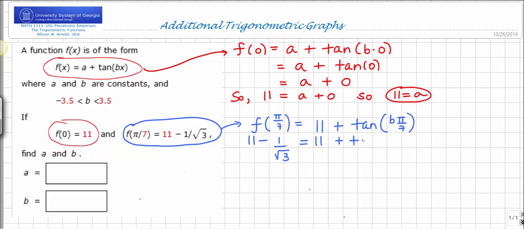And if we isolate the tangent term, we can see that we're really saying tangent of the angle b pi over 7 is the value negative 1 over root 3.